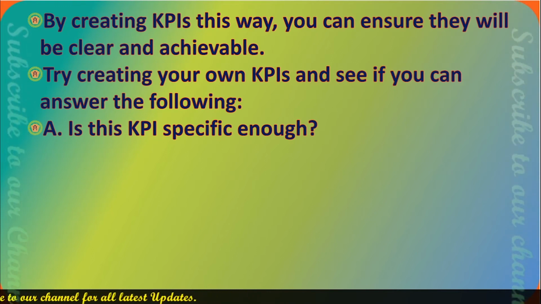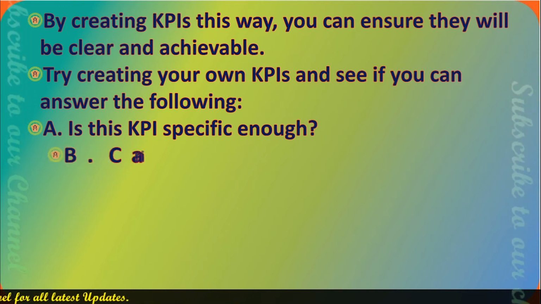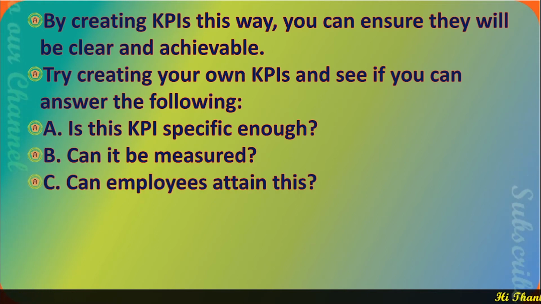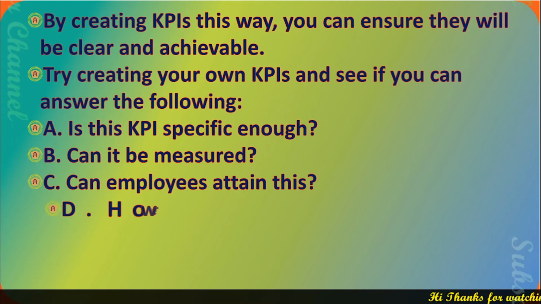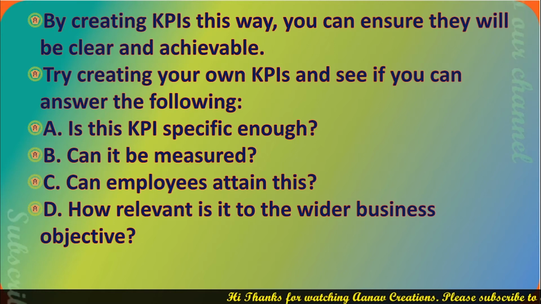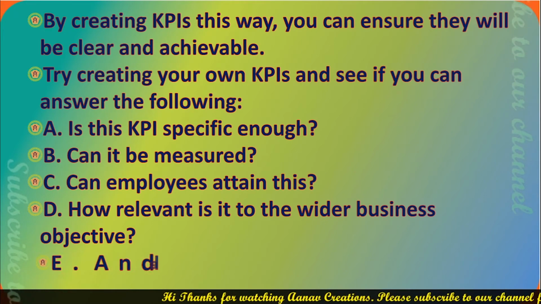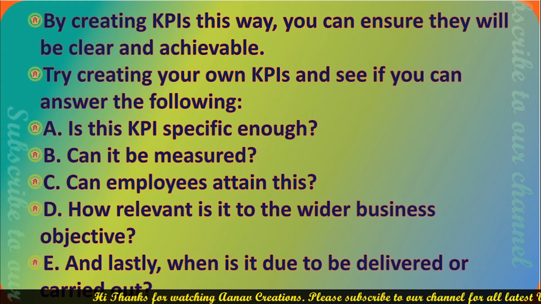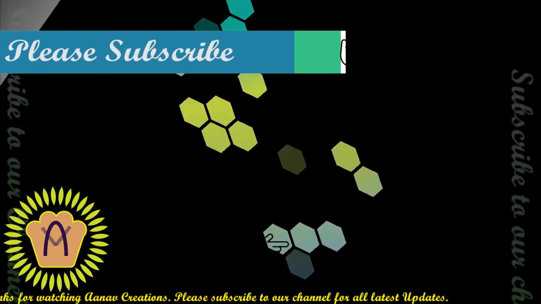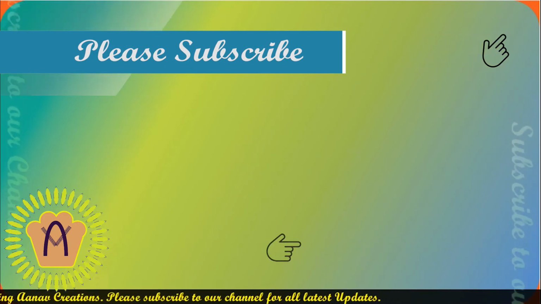A. Is this KPI specific enough? B. Can it be measured? C. Can employees attain this? And D. How relevant is it to the wider business objective? You can also have one more and last option: when is it due to be delivered or carried out in digital marketing?